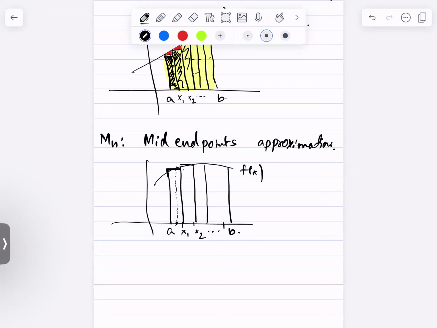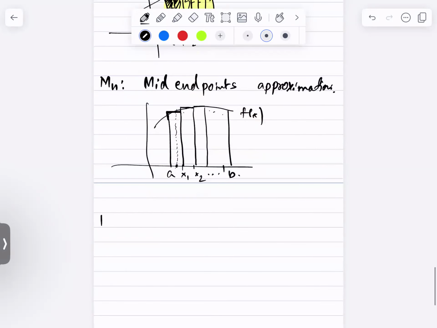The same for this one, the same for this one, and so on. So you are approximating the area under the curve by smaller pieces of rectangles. The formula for Mn is just delta x times f of m1, where m1 is the middle point of the first subinterval, plus f of m2, and so on, up to f of mn.